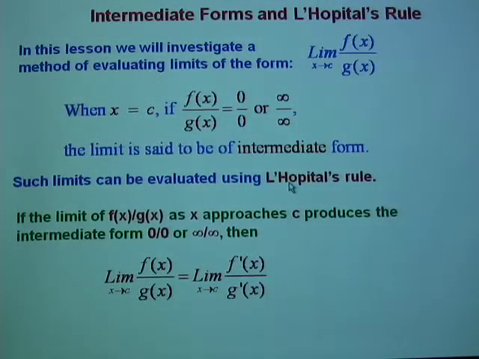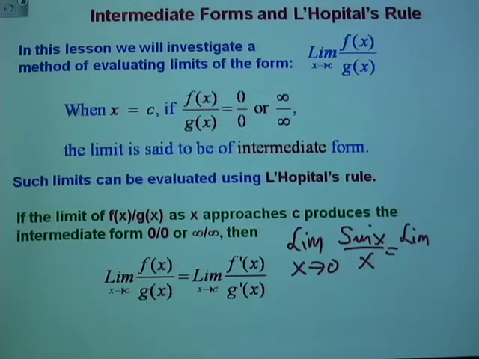Limit as x approaches 0 of sine x over x. By direct substitution, this will give you 0 over 0. According to L'Hopital's rule, this is the same as the limit as x approaches 0 of the derivative of sine x, which is cos x, divided by the derivative of x, which is 1.